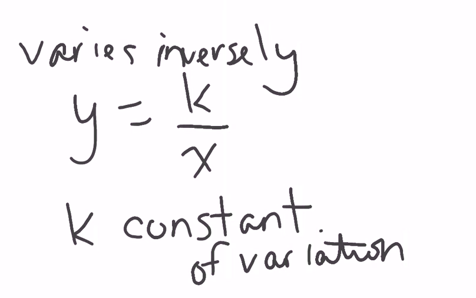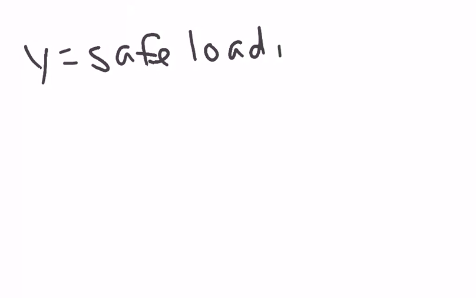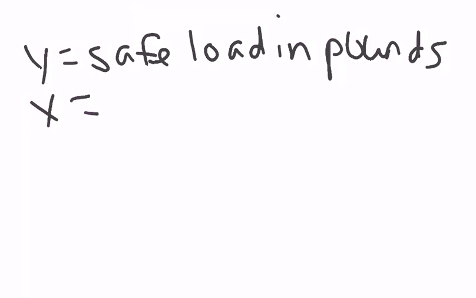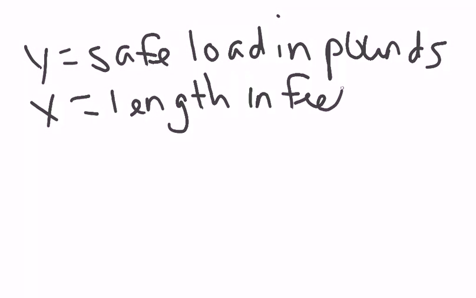So, for example, if we're looking at a horizontal beam and the amount of pounds that it can hold safely, they would give you some sort of scenario and say y equals the safe load in pounds, and x equals the length in feet of the horizontal beam.